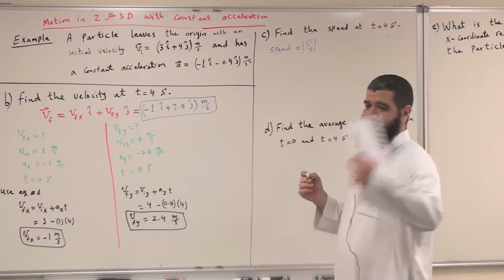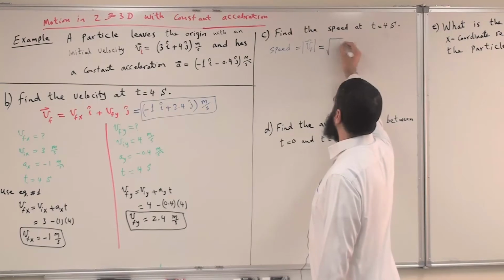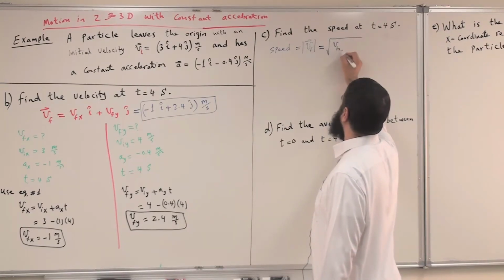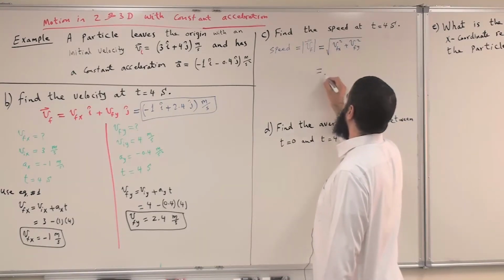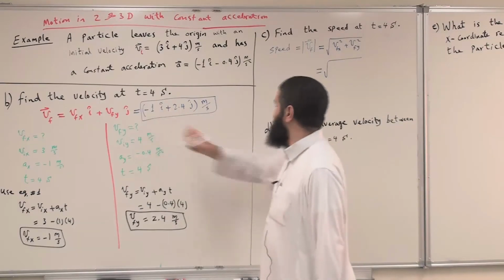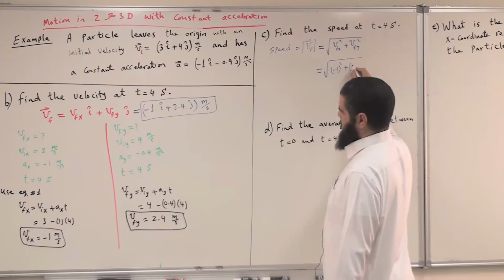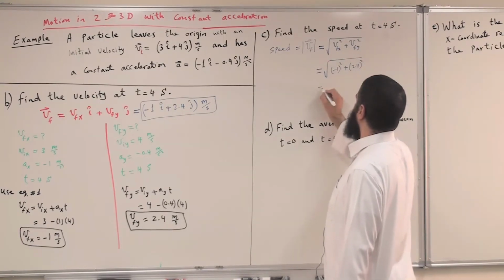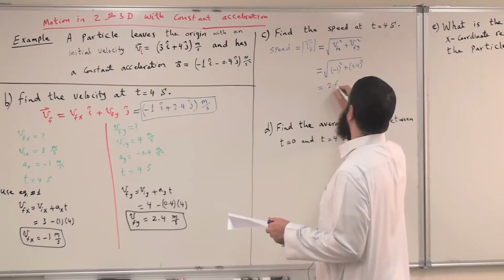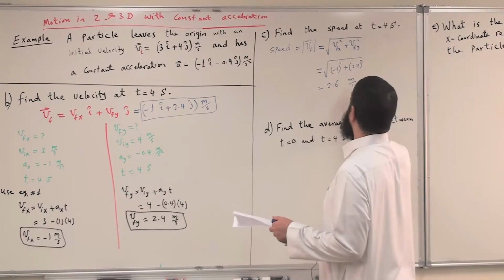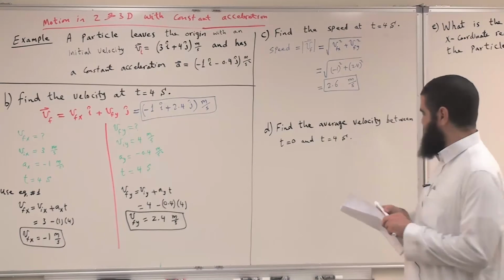From our study in chapter number 3 related to vectors, the magnitude of any vector is the square root of its x component squared plus its y component squared. So I am left with square root of the x component squared. So I have -1 squared plus 2.4 squared, and this is equal to 2.6 meters per second, and this is the speed of my particle at t equals 4 seconds.